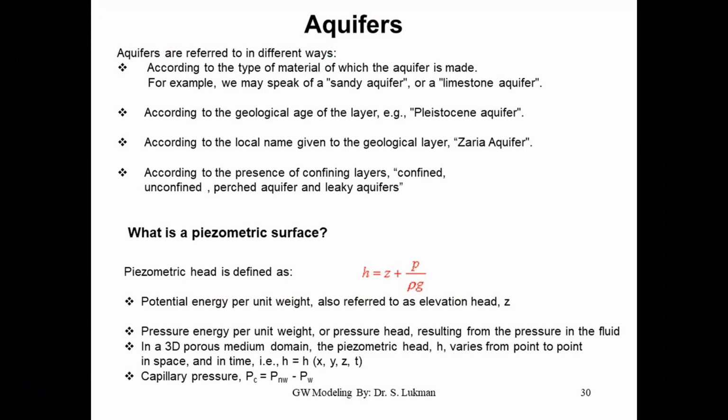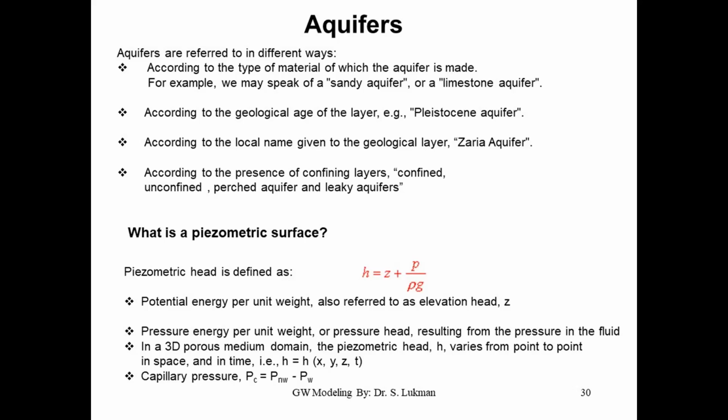So the first thing I should expect to see is the piezometric head is equal to Z, elevation head, plus pressure head. Simple, isn't it? Piezometric head is given by elevation head plus pressure head. Because that's what I just explained here. Okay?